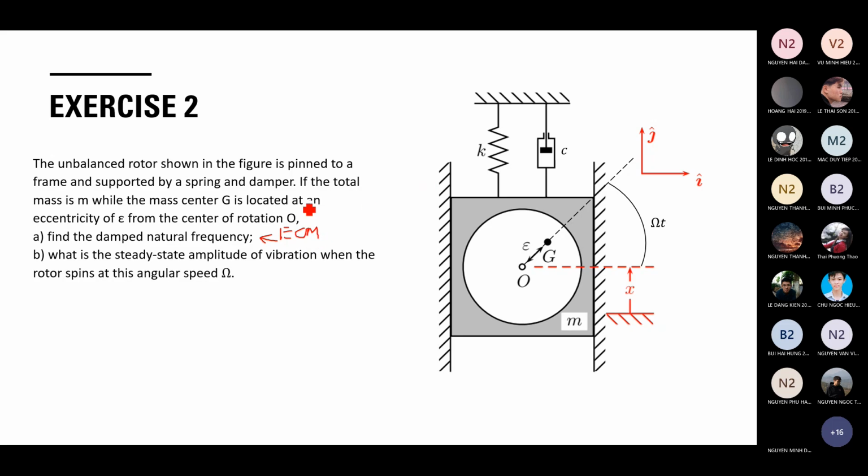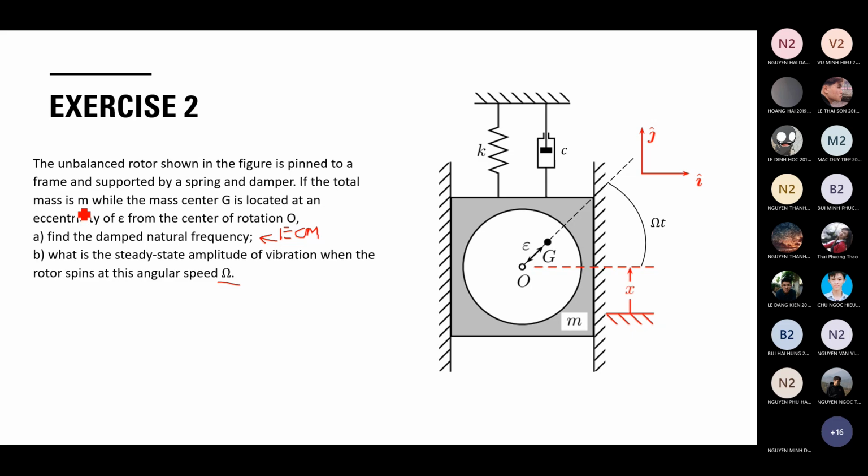And then, what is the steady state amplitude of vibration when the rotor spins at this angular speed omega? This is an unbalanced rotor, pinned to a frame and supported by a spring and a damper.